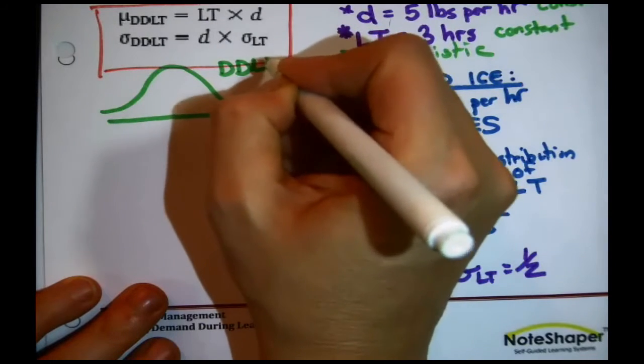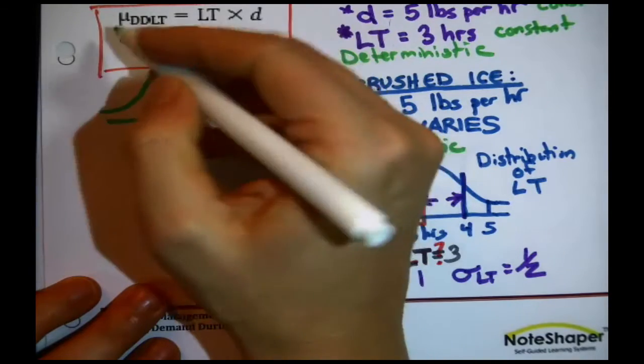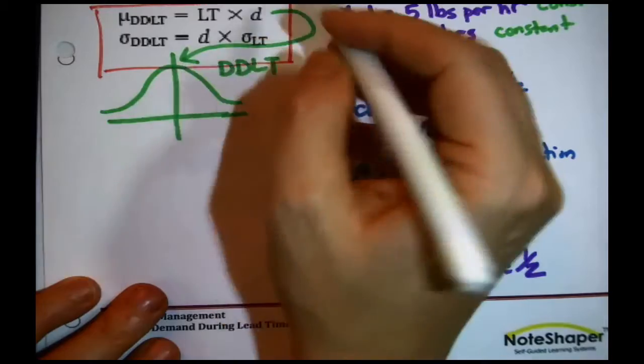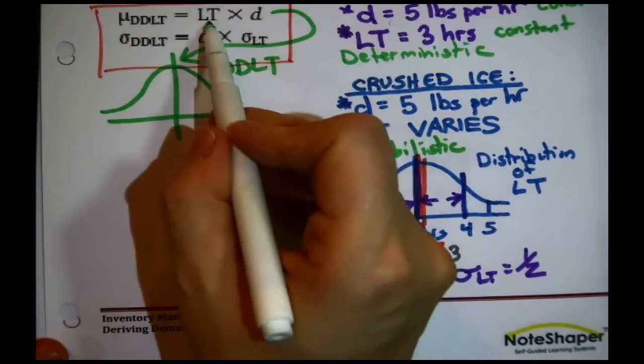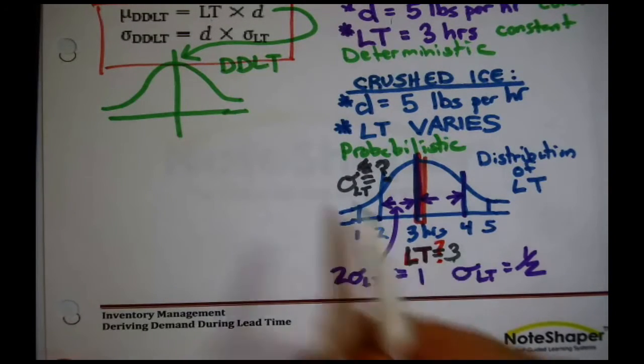Distribution of demand during lead time. The center of that curve is determined by this formula. The LT is the average demand during lead time, that's 3, right?